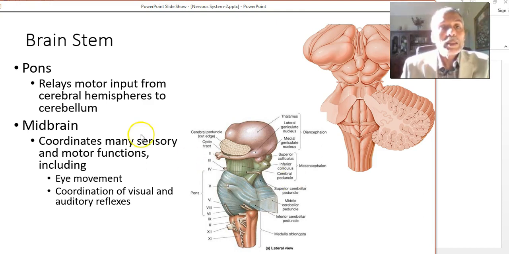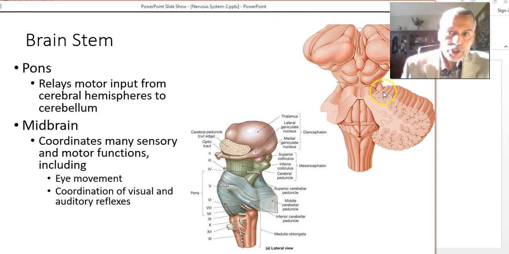The pons is called pons because pons means bridge. What does it bridge? It is bridging the cerebellum with the brain. It means it is connecting the cerebellum to the rest of the brain.